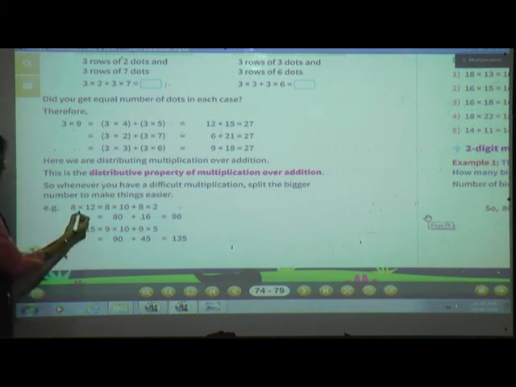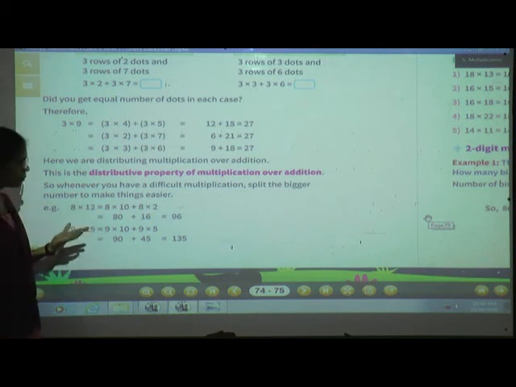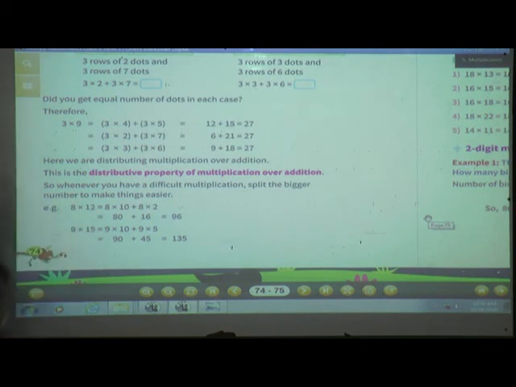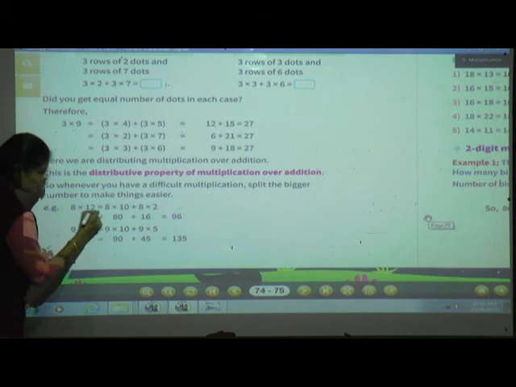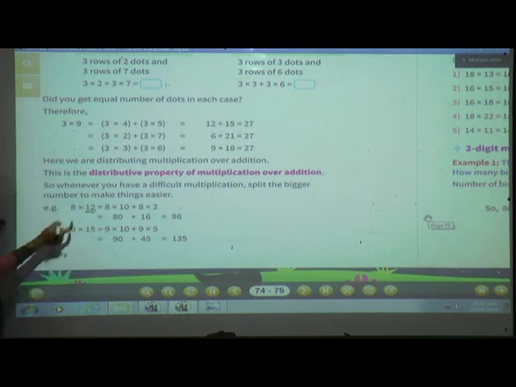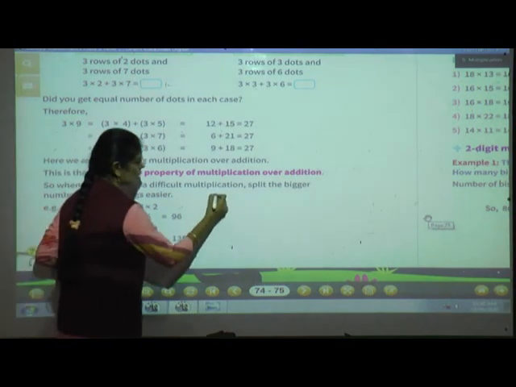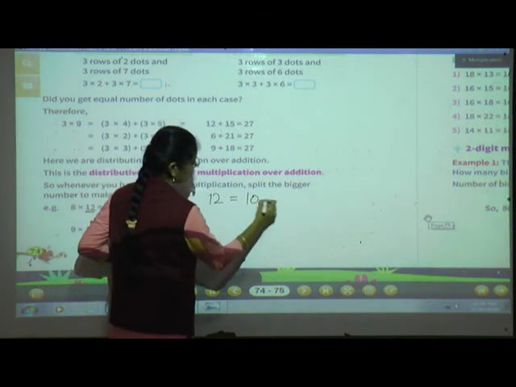Now here one example is there, 8 into 12. Suppose you don't know the table of 12, then what do you have to do? If you feel 12 is so big, then how to do the multiplication? You have to split up this number 12: 12 is equal to 10 plus 2.